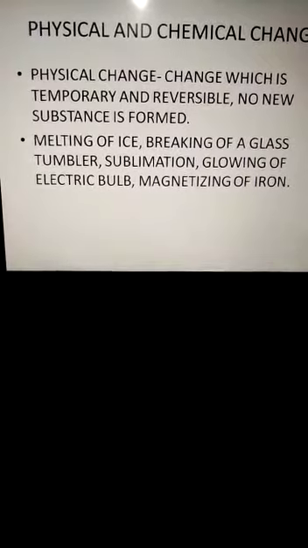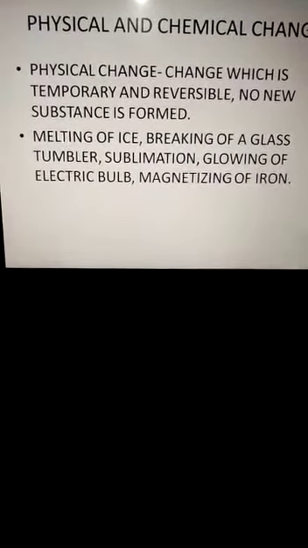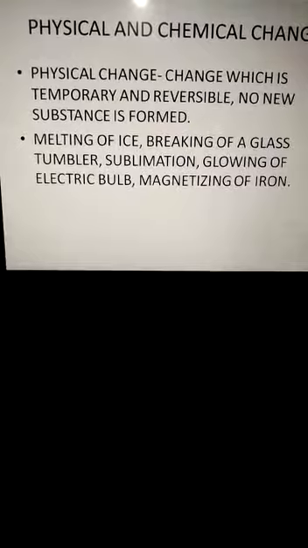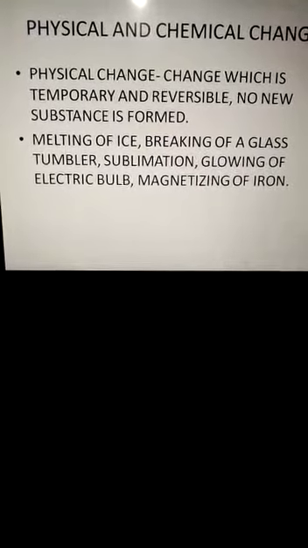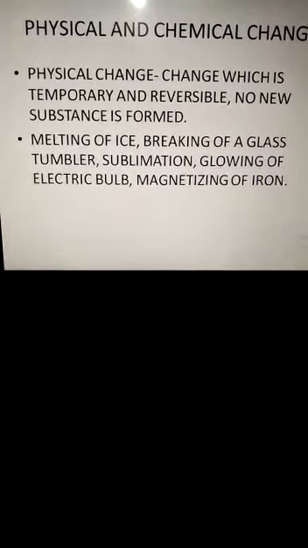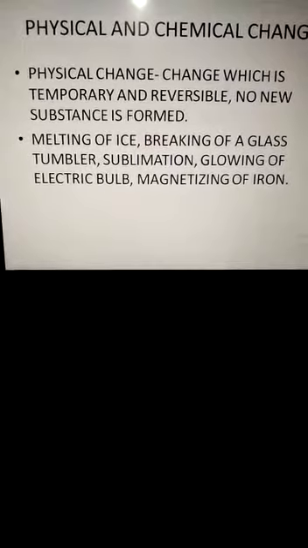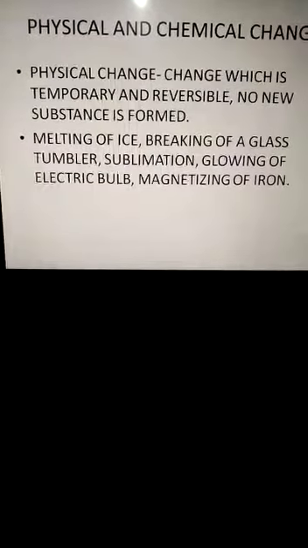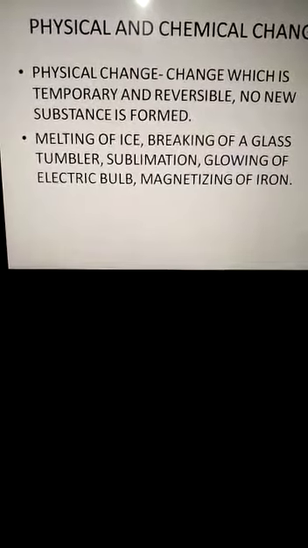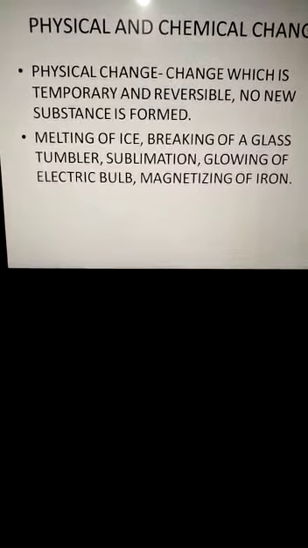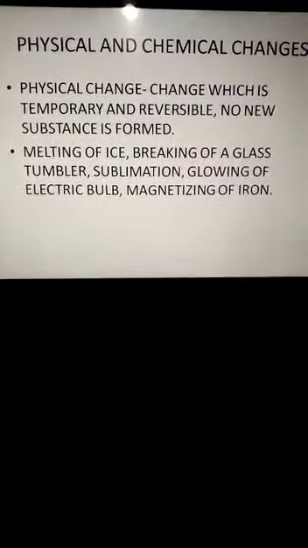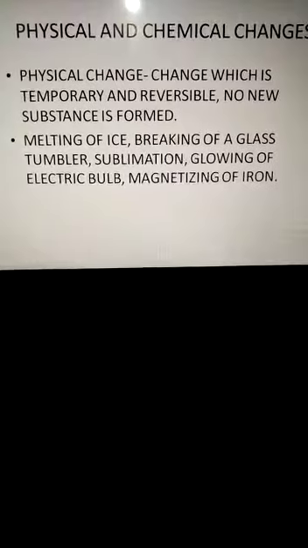Another example is magnetizing of iron using a magnet. There will be no effect on the iron because of the magnet. The iron gets attracted towards the magnet, and when the magnet is removed, the iron remains as it is. So these are examples of physical changes.